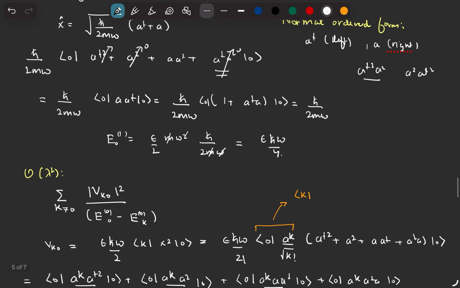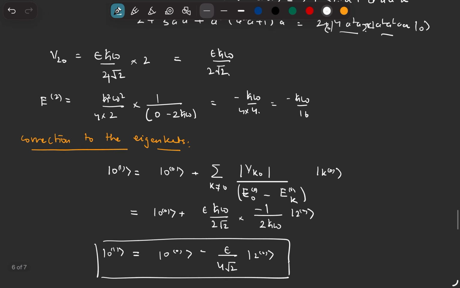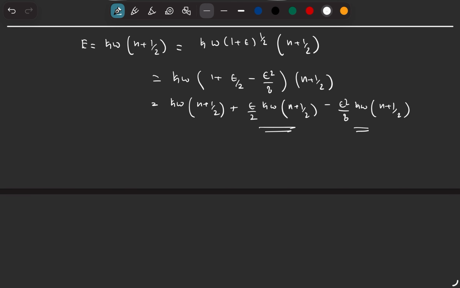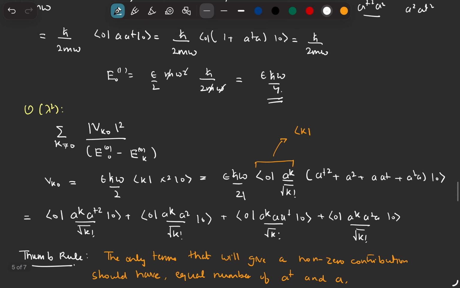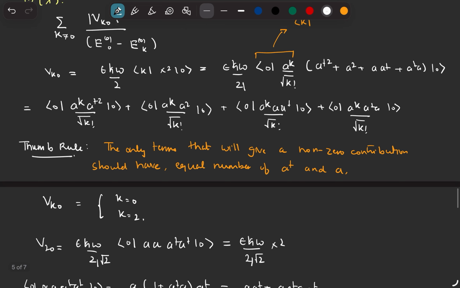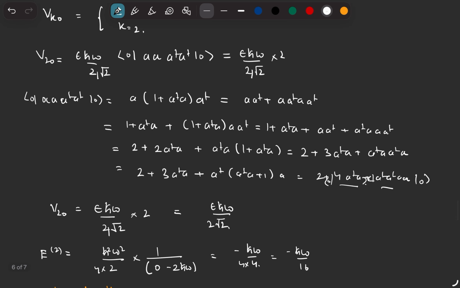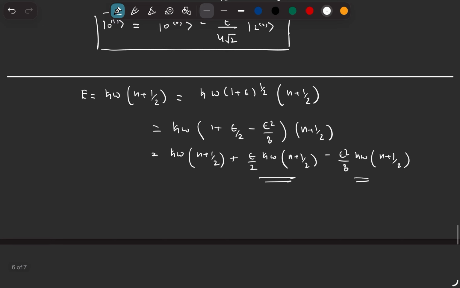Here you will still get an energy contribution of h bar omega by 4, which is great. And we also got an energy contribution at second order. Have we calculated it? I think we have, right? Oh yes, we did. That was h bar omega by 16 with a negative sign, and again here this is h bar omega by 16 with a negative sign.